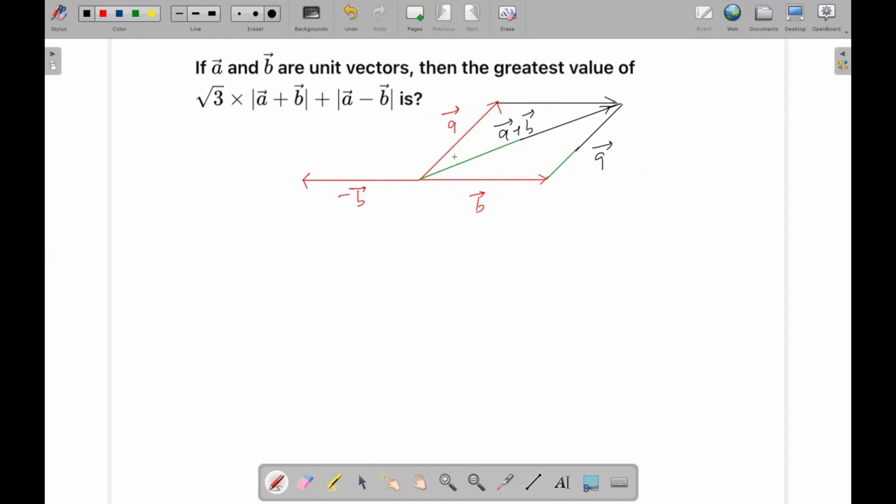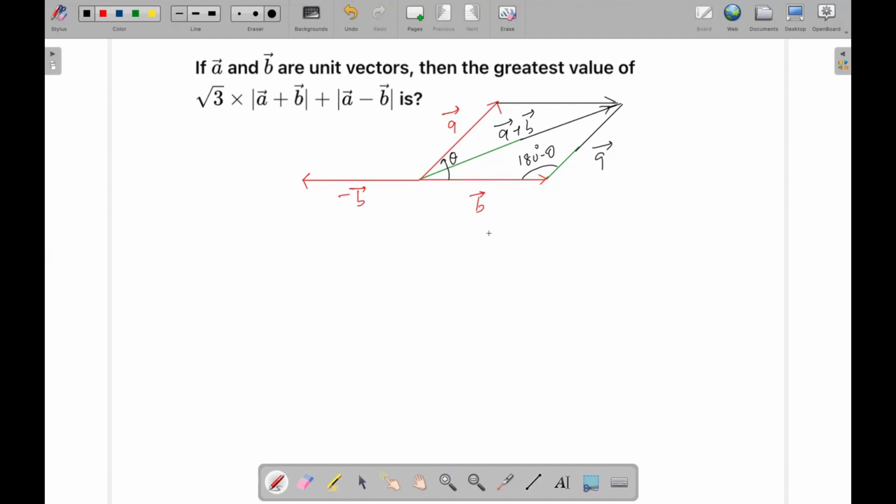Now, let's say I'm assuming this angle to be theta, the angle between these two vectors. Then this angle will be 180 degrees minus theta, because this is going to be a parallelogram, and the sum of these two co-interior angles will be 180 degrees. Now, I want to make use of the property of this triangle.